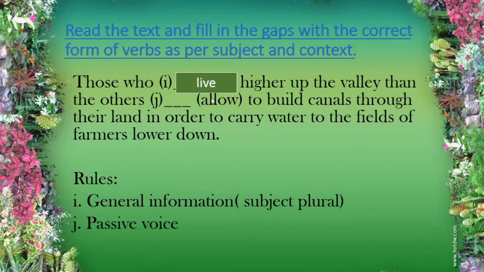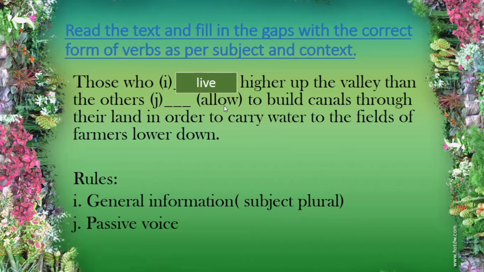Then the others are allowed to build canals through their land in order to carry water to the fields of farmers lower down. The subject is others and the action is allow. But my dear students, who does it? The people who are living high up, they allow the others to cut or build the canals, and that's why these others are not doing the task of allowing.